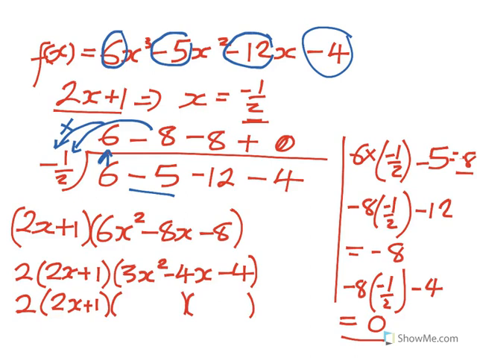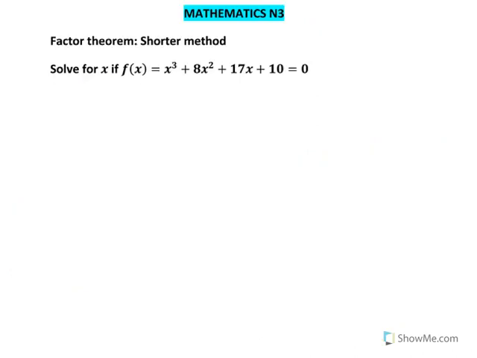Then you'd have factorized fully. You'll have 3x plus 2 and x minus 2. Remember, on this one I used the product sum method that we did in the previous lesson. You can refer to it, and then because of time you'll be able to see how I simplified that.